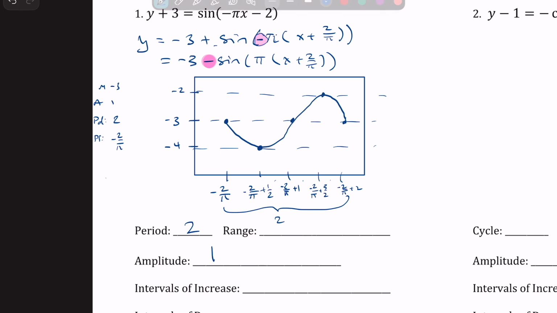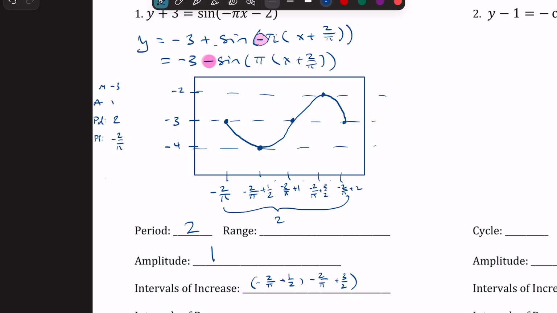So then I would say, oh, okay, well, my interval of increase is going to be negative 2 over pi plus 1/2 to negative 2 over pi plus 3 over 2.